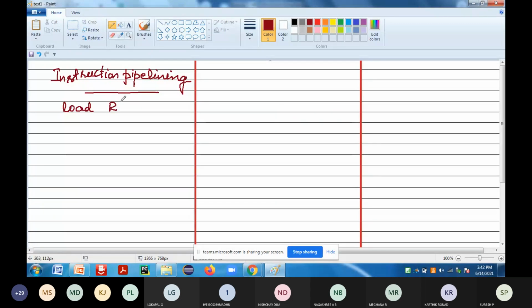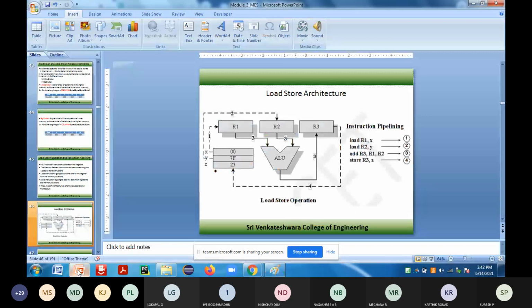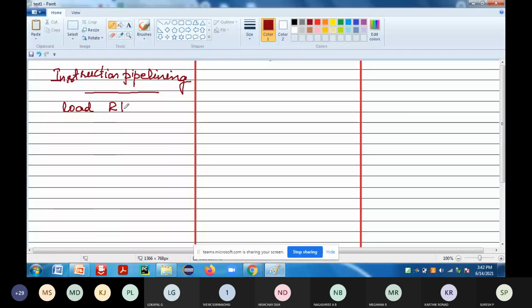We are loading the contents of memory location X to R1, load R1 comma X. Then we are loading the contents of memory location Y to R2. Then we are adding the contents of R1 and R2, and storing the result in R3. Next, we are going to store the contents of R3 into Z.